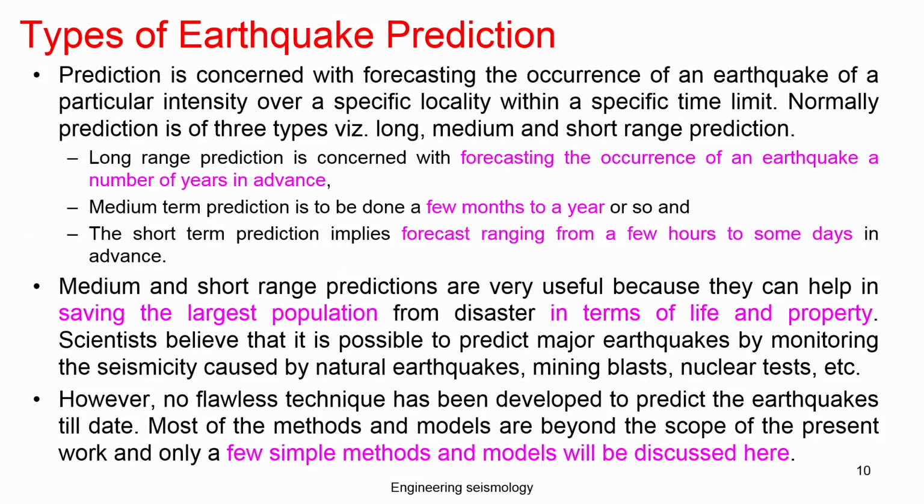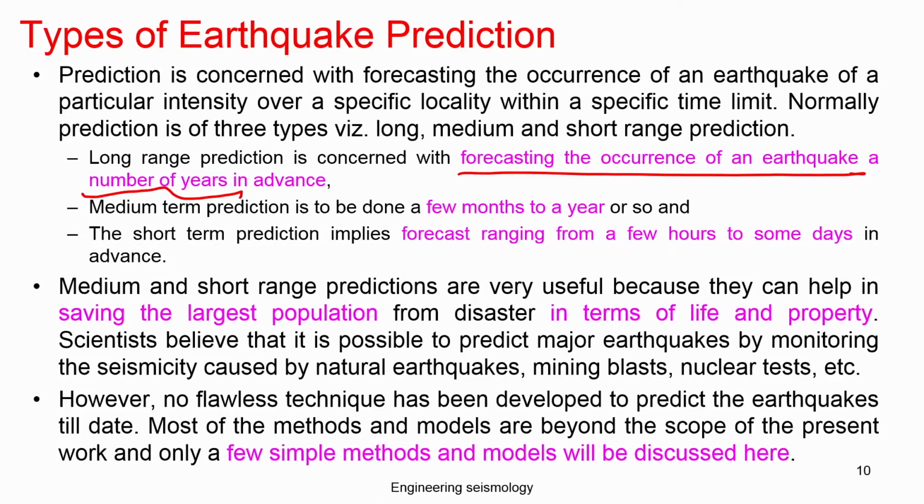So, what are the different types of earthquake prediction? Prediction concentrates on forecasting the occurrence of an earthquake of particular intensity over a specific locality within a specific time period. Normally there are three types: long, medium and short range prediction. Long range prediction means forecasting the occurrence of an earthquake a number of years in advance, like 2, 3 or 4 years.